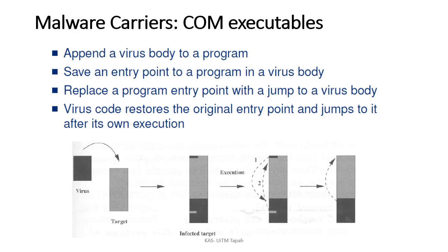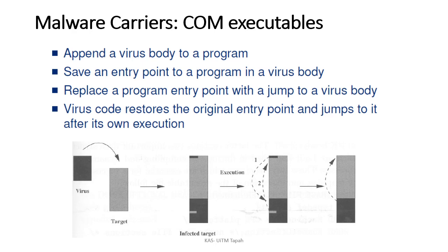So the virus aims at the target COM file, and has found its target. The target will be infected with that particular file. So when it runs, it will replace the entry point, instead of executing the original file.